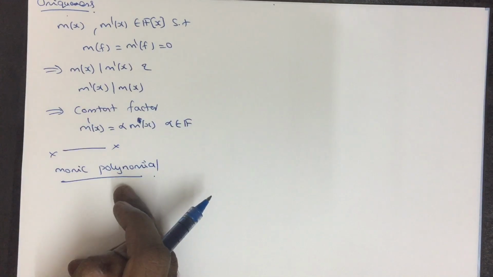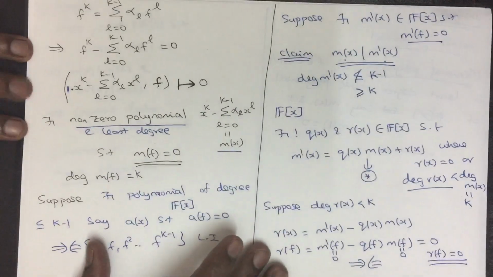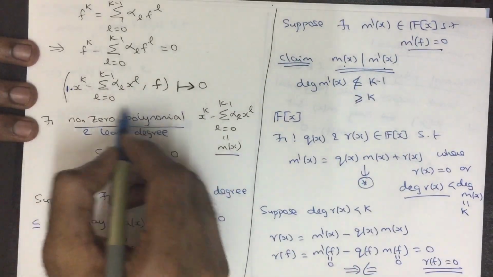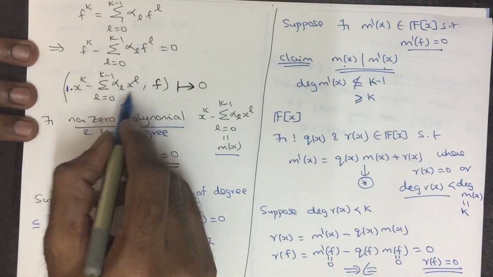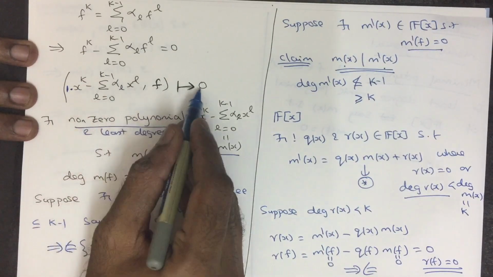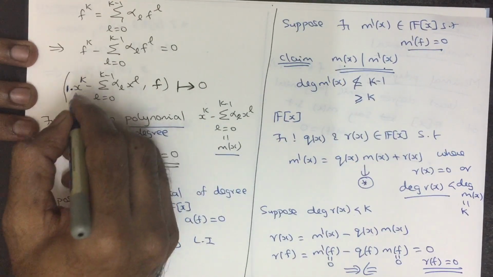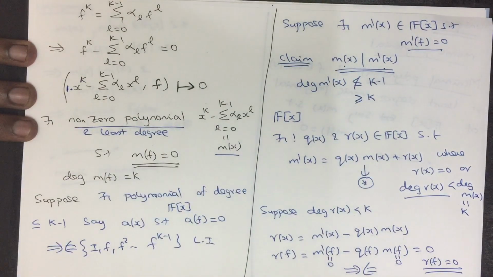That is how we have seen in our case also. We got this monic polynomial such that when you multiply with f, it becomes a 0 map. The highest degree is k, and the coefficient of the highest degree is 1.